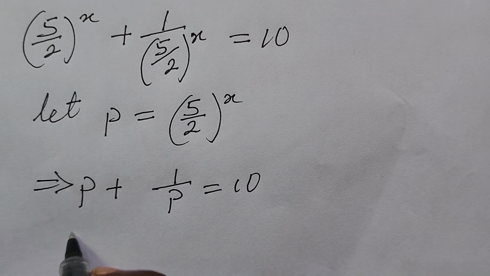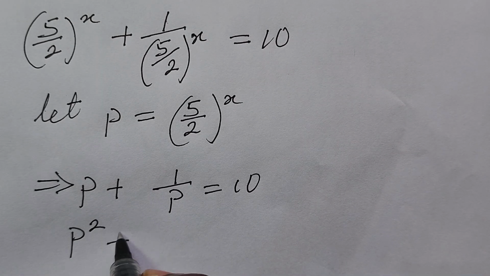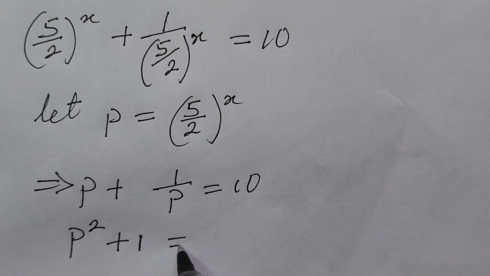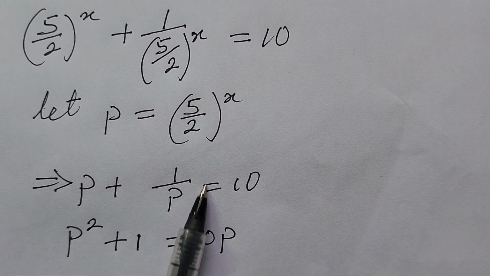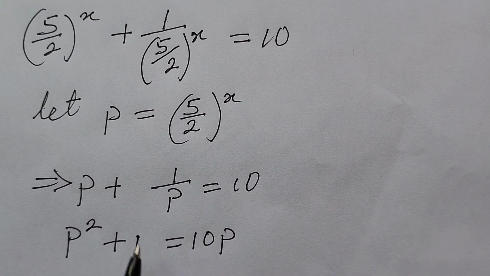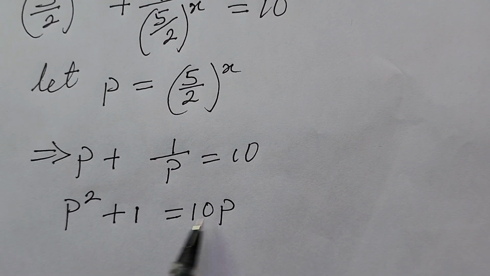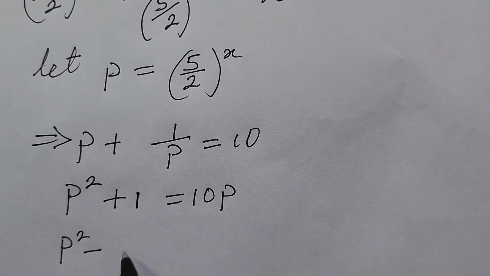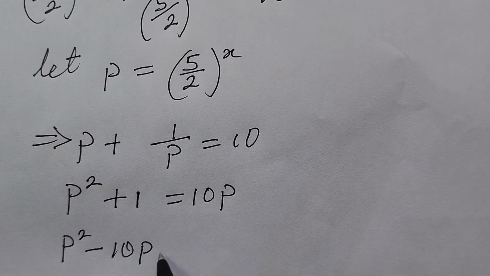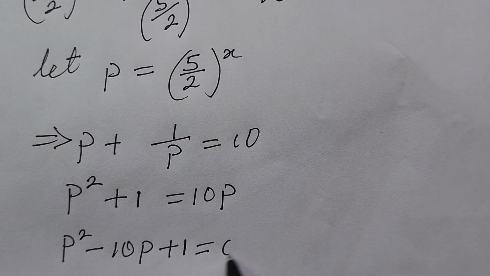This will give us p to the power of 2 plus 1 equals 10p. How? We have to multiply every term here by p. So we can now move this to this side to give us p to the power of 2 minus 10p plus 1 equal to 0.